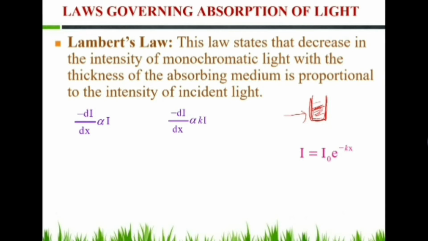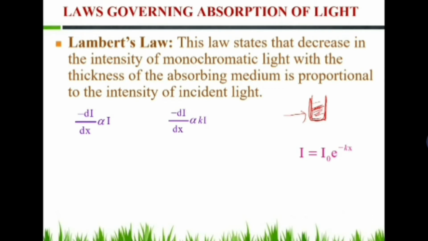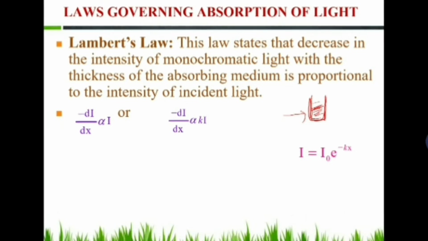This container is the absorbing medium and its thickness is what we consider. So the decrease in intensity of light with the thickness made constant is directly proportional to the intensity of incident light, and it could be written mathematically as minus dI by dx is directly proportional to I.